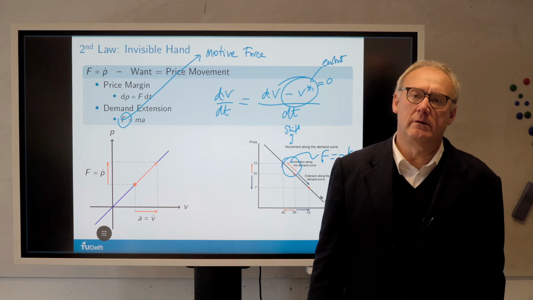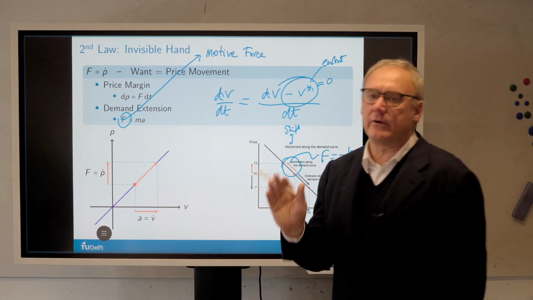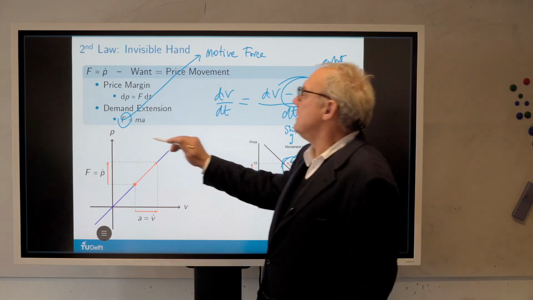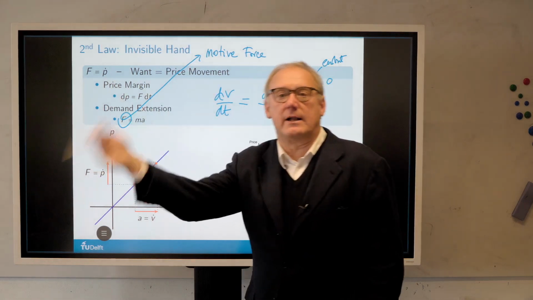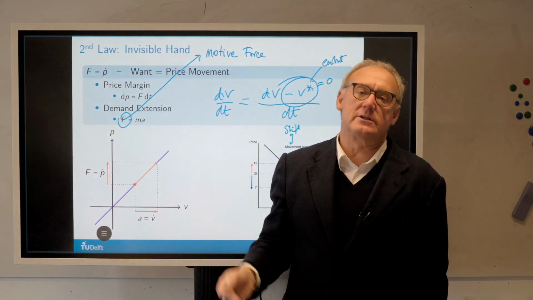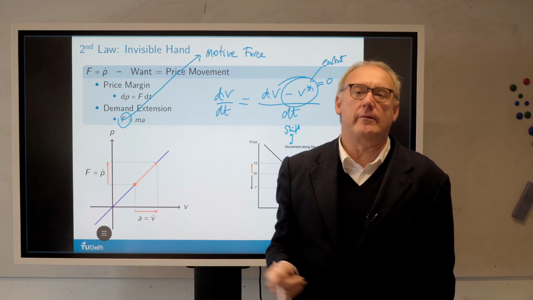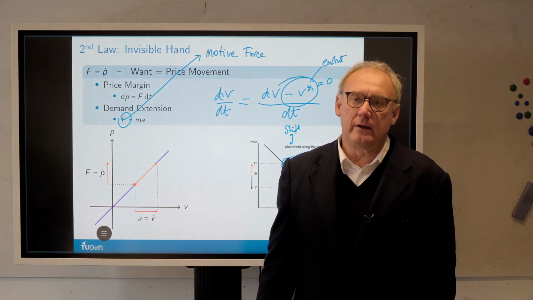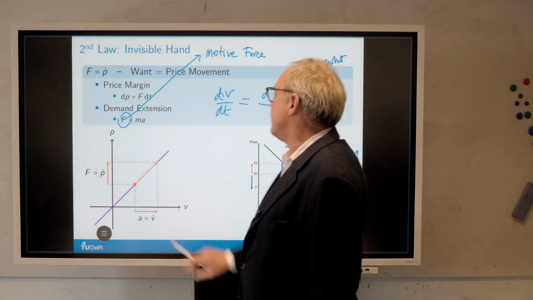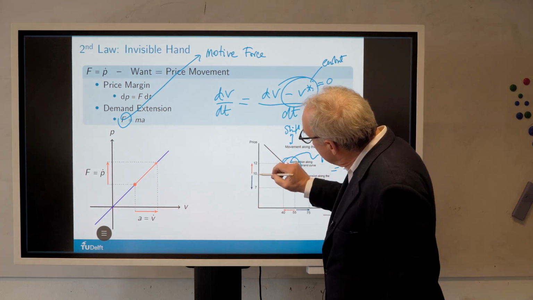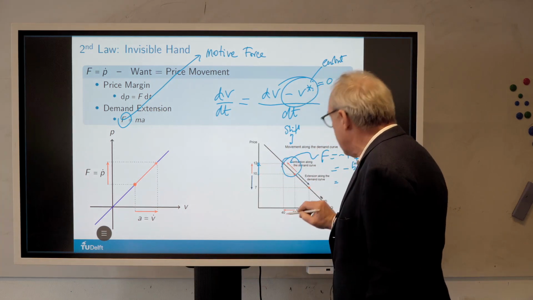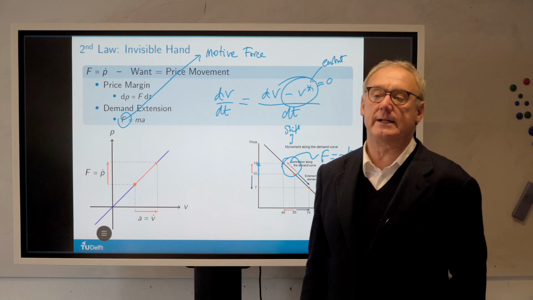That's how you have to see it. So this force is going to come from other elements. This is what we'll talk about after this lecture, how all these elements connect. But if you have your net force, then it will act to change the price, and that will act to change the quantity demanded.